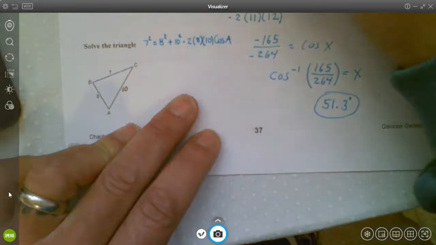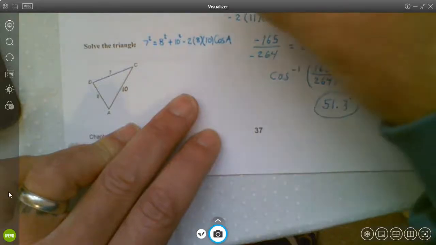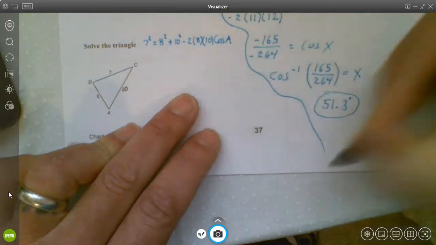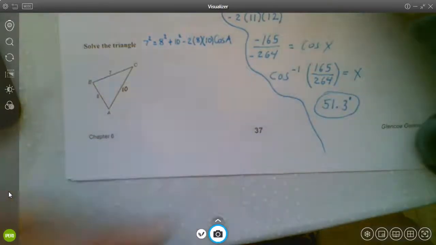In fact, let me do this so we don't get confused on what's what. All right, so there's our setup to find angle A.